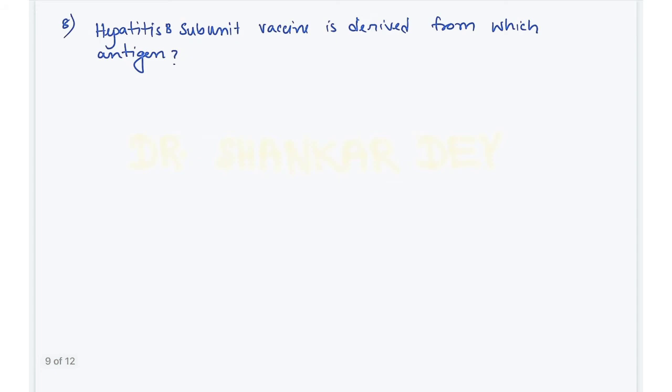Next, a one liner question was there. The topic was hepatitis B or Hep B vaccine. Hep B subunit vaccine is derived from which antigen? The options were like HBe antigen, HBs antigen, HBc antigen, or hepatitis B DNA.